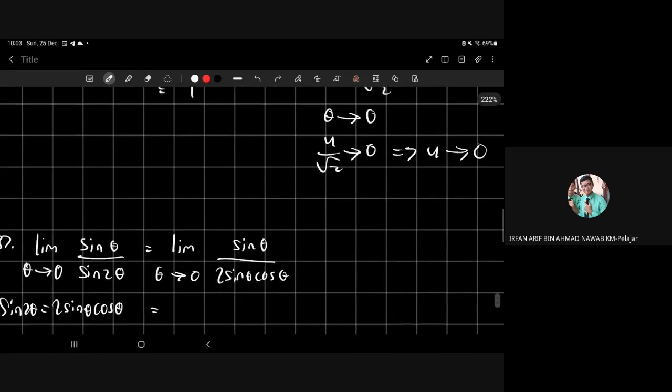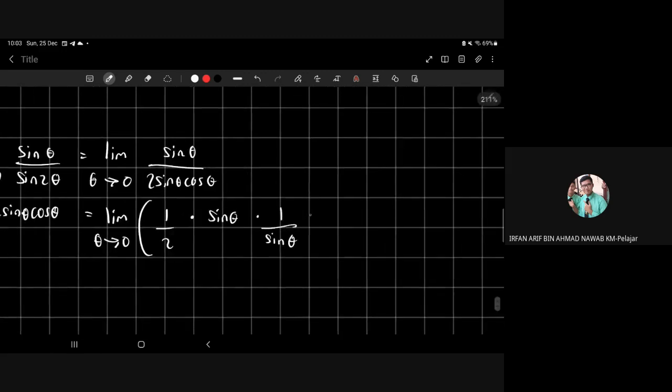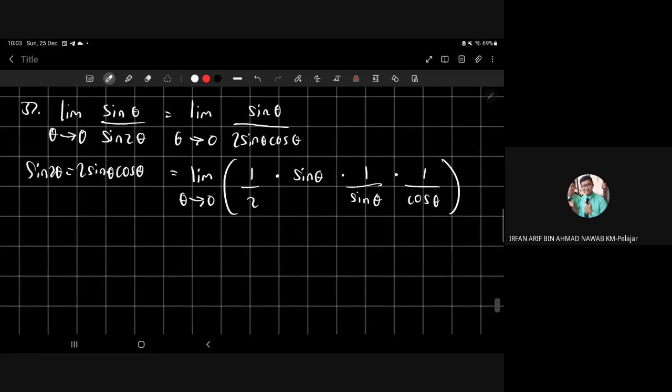Remember the limit law for multiplication. That is what we will be applying here. First, I'll separate this into 3 parts: the constant, 1 over sine theta, and 1 over cosine theta. The reason it's important is because we will be using the theorem.